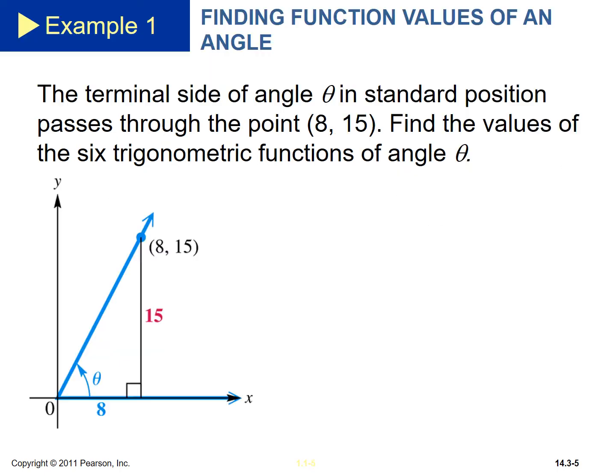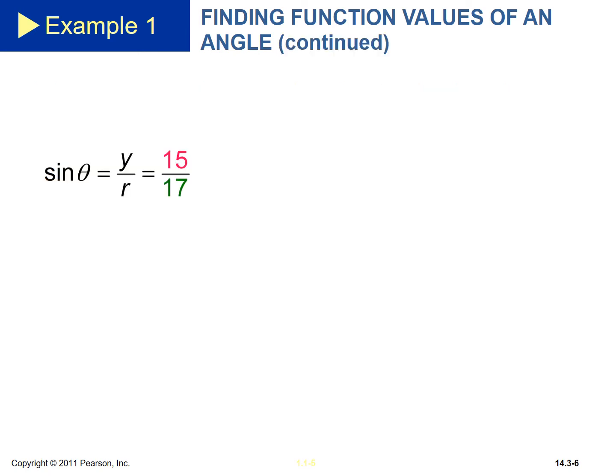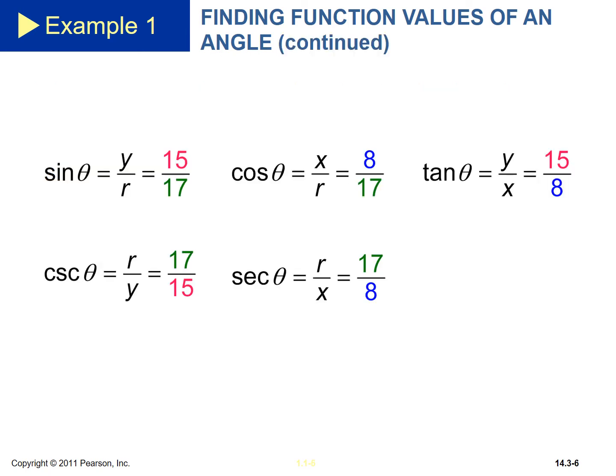We're going to see that we have here, again, let's label this. For this angle, 15 is opposite, and for this angle, since it's right next to it, 8 is adjacent. So sine: opposite was 15, and hypotenuse is 17.